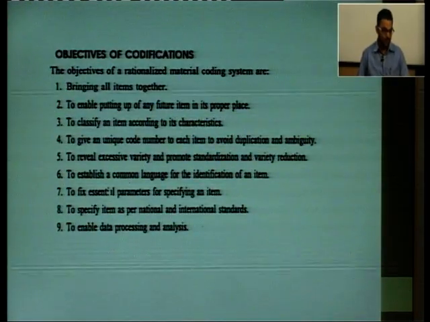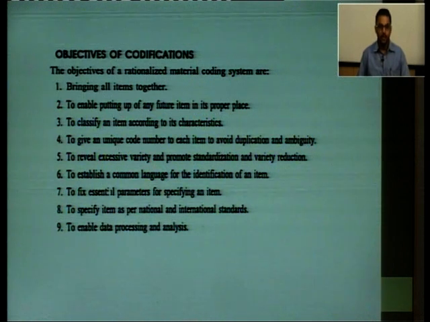Objectives of codification. Number 1, bringing all items together.